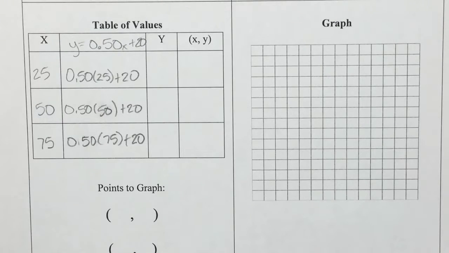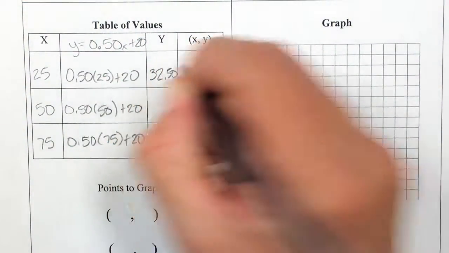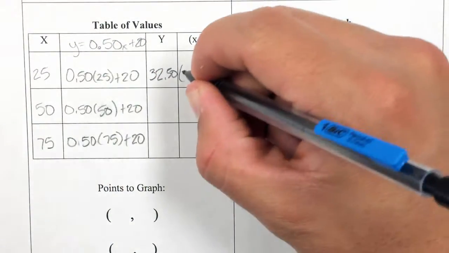Now, we work all this out. 50 cents times 25 is 12.50, plus 20 is 32.50.